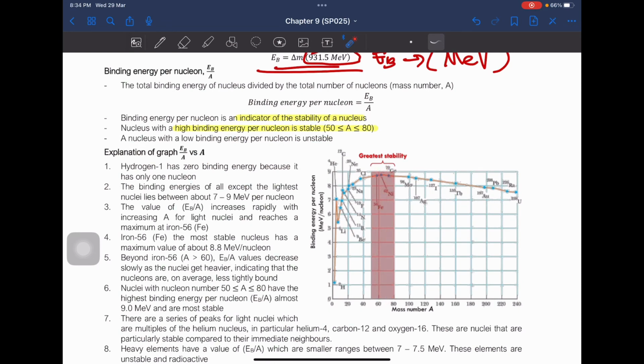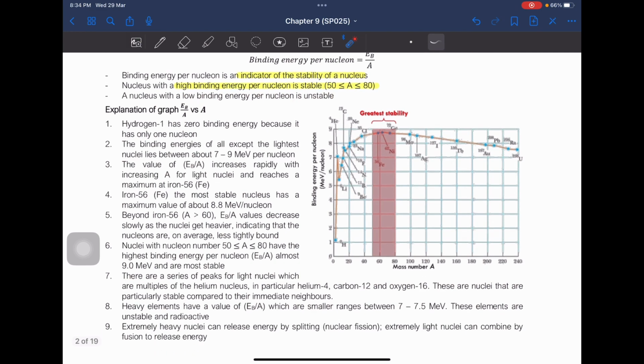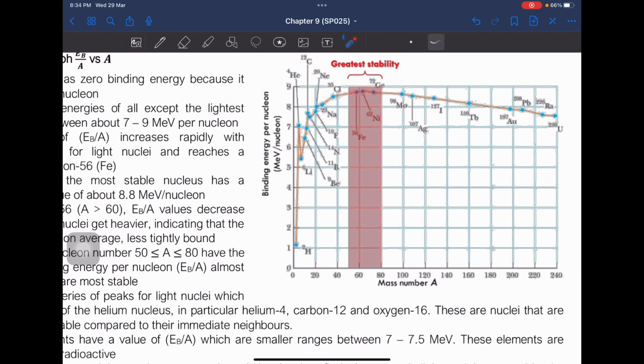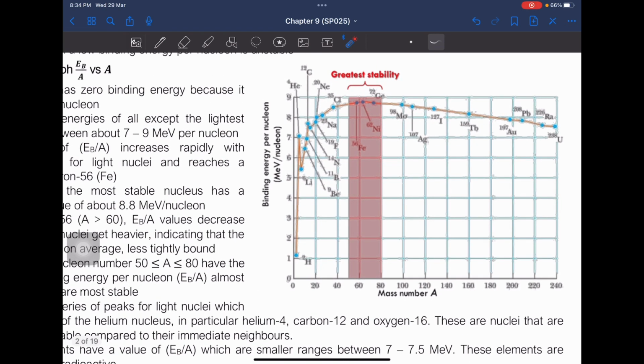So this is the explanation of the graph. You can read that by yourself. What you need to know is that the elements with the greatest stability are around this mass number.